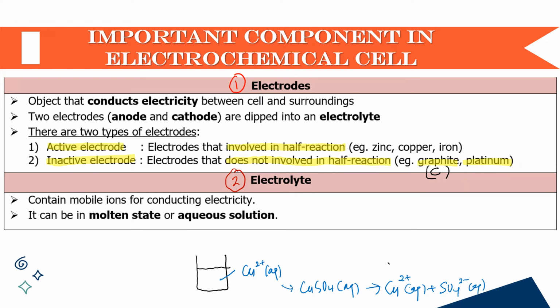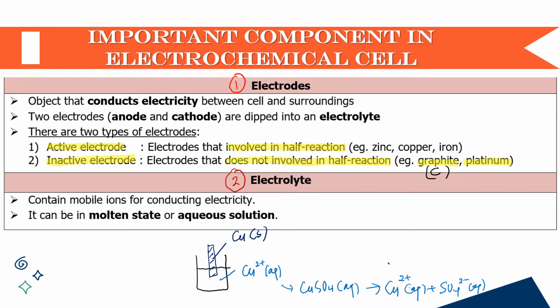With this beaker, I want to construct an electrochemical cell. So I dip one electrode in here, and the electrode that I use is copper solid. This copper solid is my electrode, and the Cu2+ aqueous is my electrolyte. This electrolyte can either be in aqueous state or in molten state.